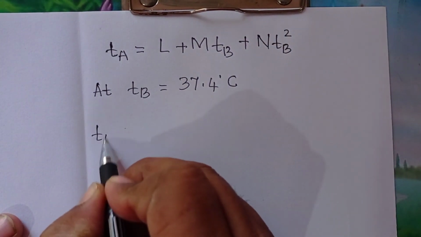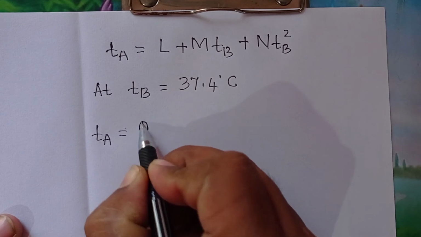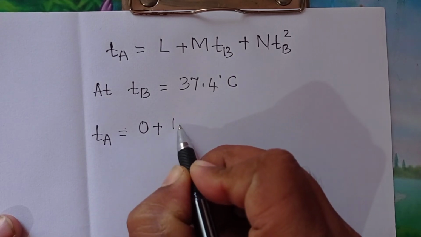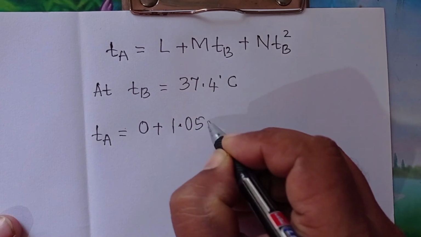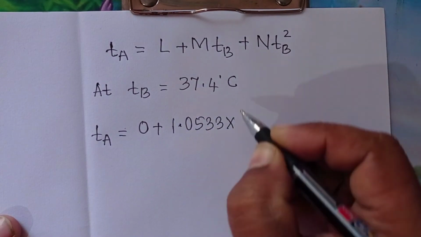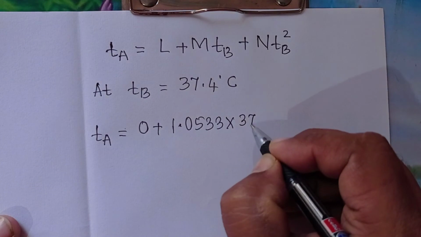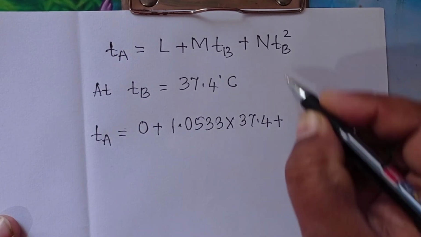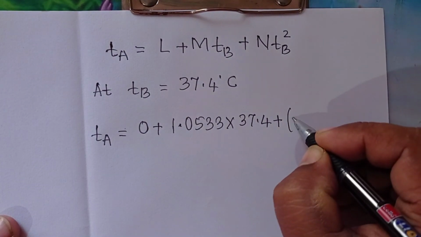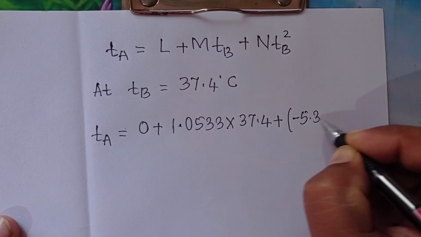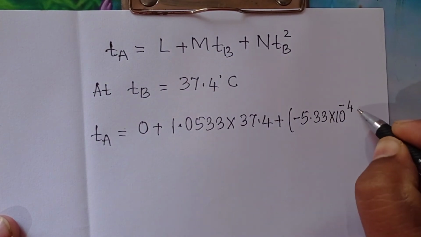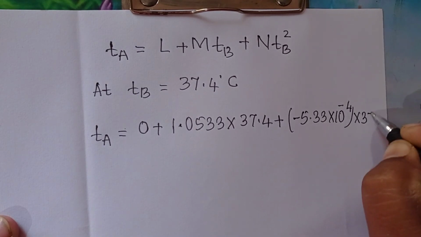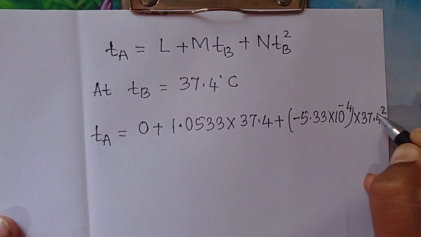At this value, what is the value of Ta? So Ta will be equal to L is 0 plus m is 1.0533 into Tb is 37.4 plus n is minus 5.33 into 10 to the power minus 4 into 37.4 square.